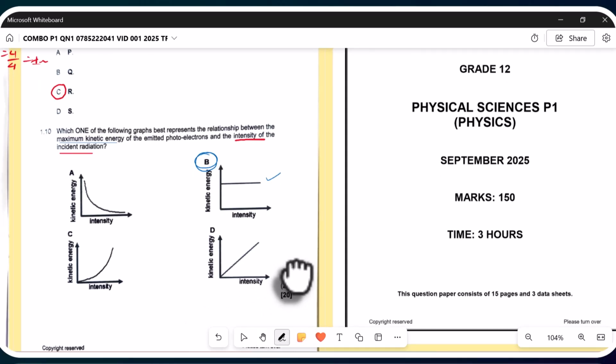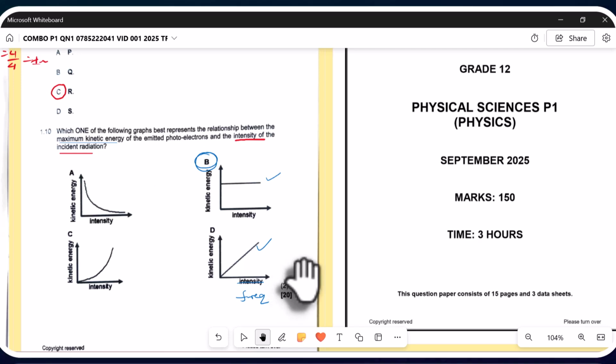Now, question one says that a book lies on a table and does not move. They say the force exerted by the table on the book is equal to the force exerted by the earth on the book. Then they say the force exerted by the table on the book is greater than the force exerted by the earth on the book.